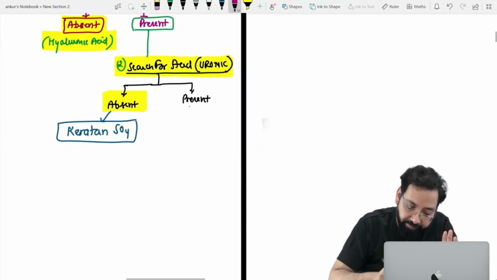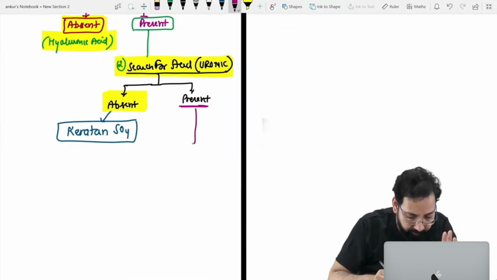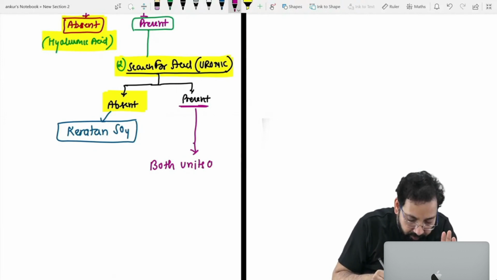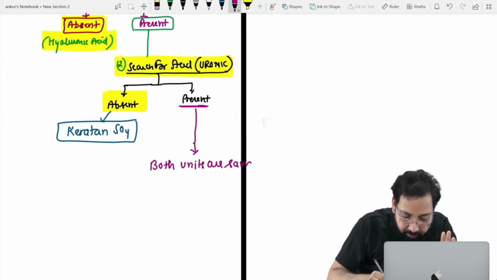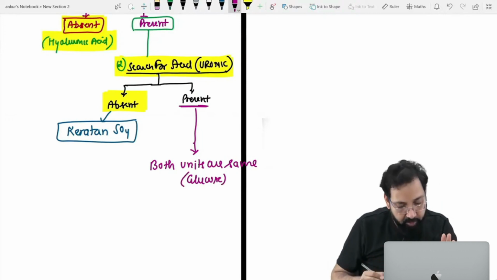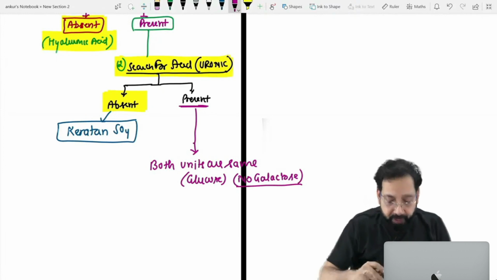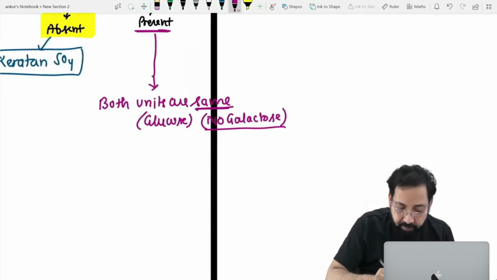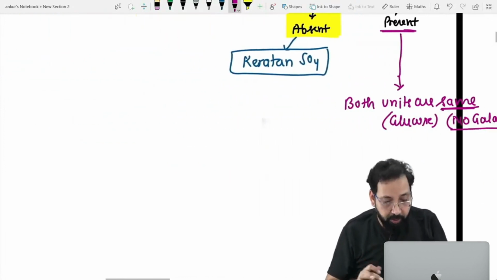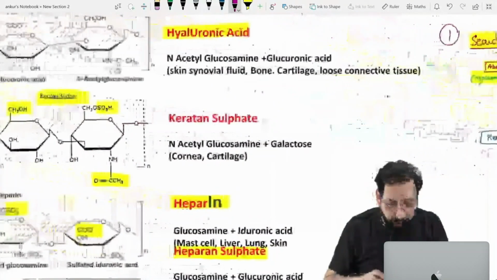Third step. You will check if both units are the same, meaning glucose, no galactose, no galactose. Both units are the same.